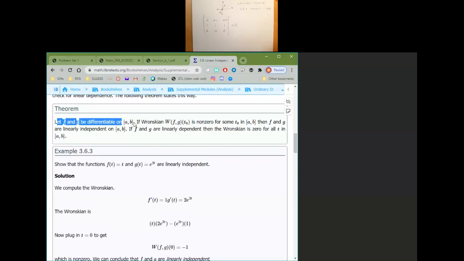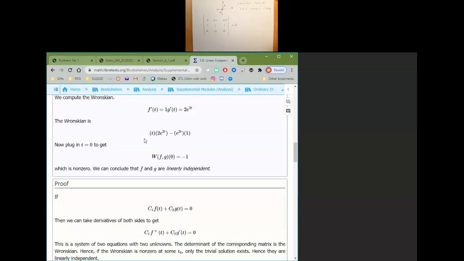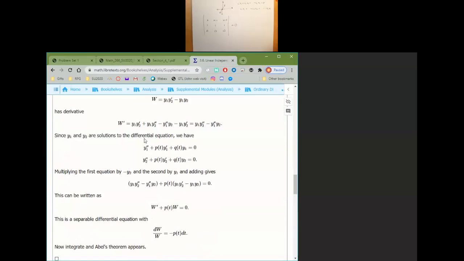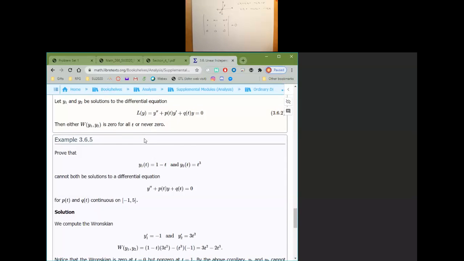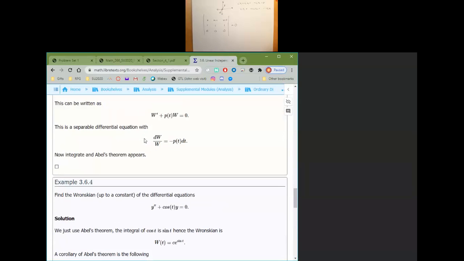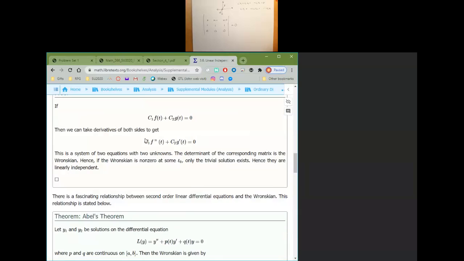If these are differentiable, so the Wronskian exists, and the Wronskian of these is non-zero for some x naught on an interval, then f and g are linearly independent on that interval. Oh no, this is if and only if for a 2x2 case. Okay, so then I swear that I saw one that was in higher dimensions.